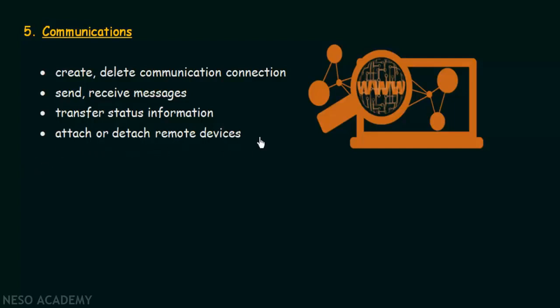There may be remote devices attached to the system, or which may have to be attached to the system. For attaching and detaching those devices, we need these communications, because these are remote devices, so communication is required to attach or detach them. All these system calls that are related with communications fall under this category of communications system calls.